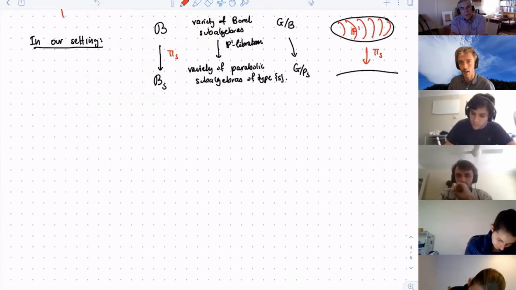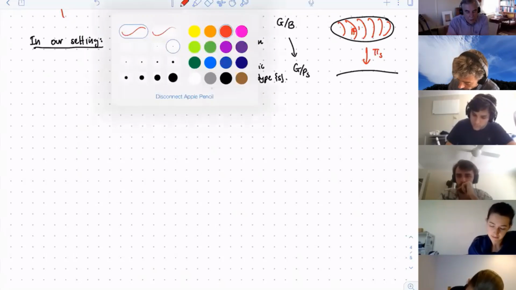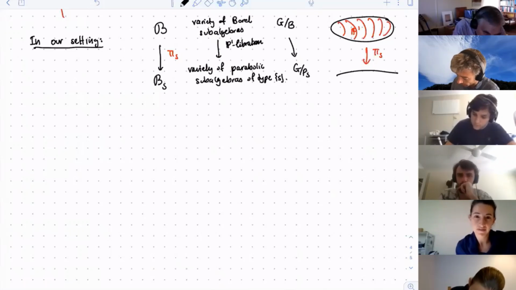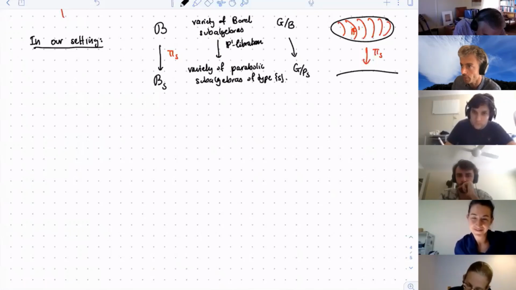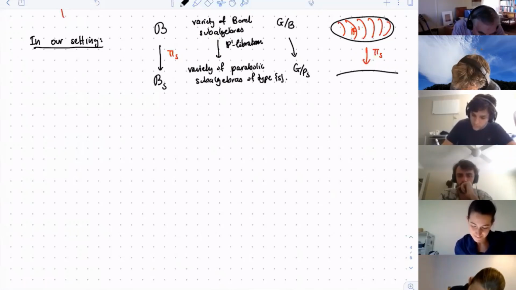And then we have one of the most important Cartesian diagrams in geometric representation theory, I would say, very basic, the fundamental Cartesian diagram.